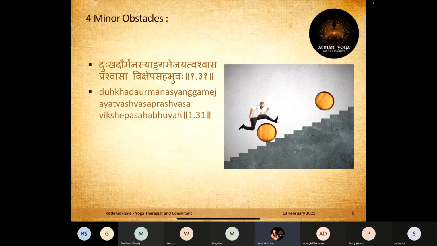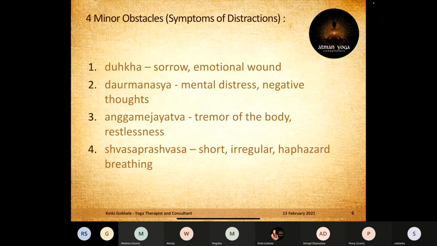These are followed by four minor obstacles, which can also be said to be the symptoms of the previous major obstacles. Dukkha daurmanasya angamejayatva shwasa prashwasa vikshepa sahabhuvah. So what is the first one? Dukkha, sorrow, emotional wound.